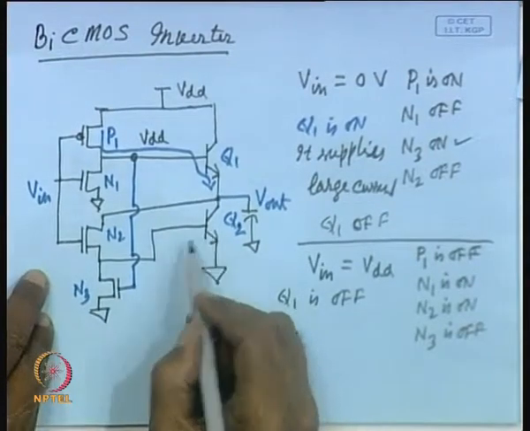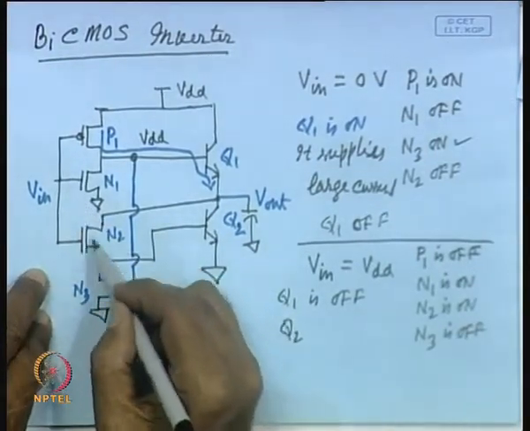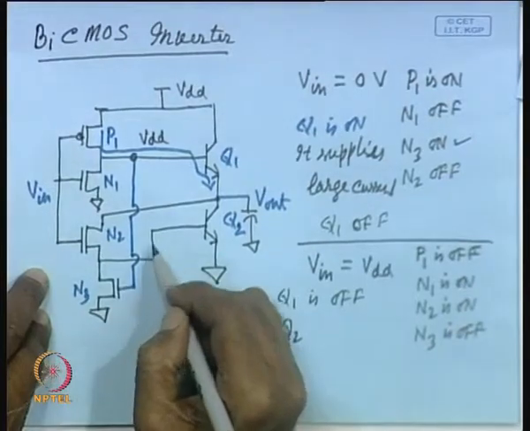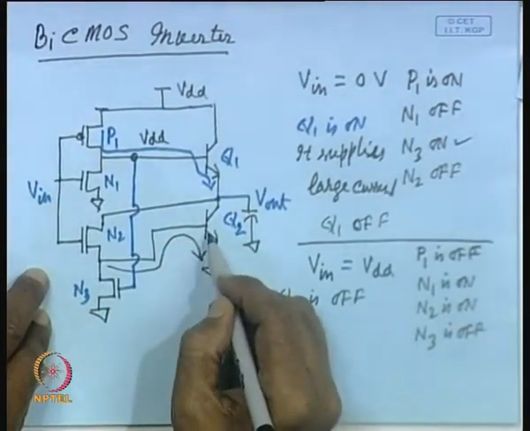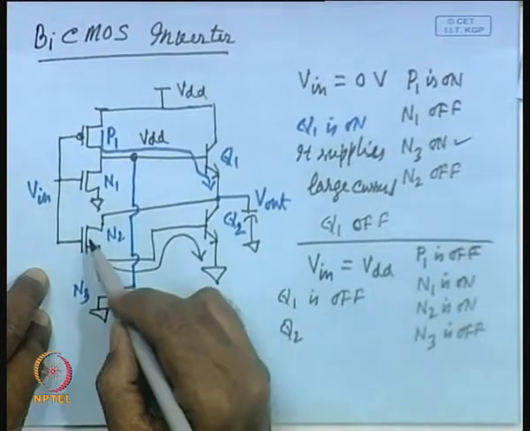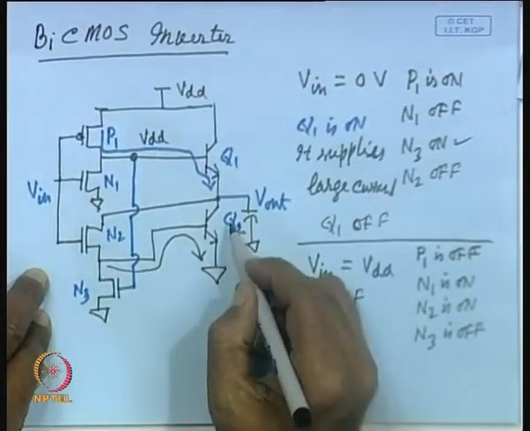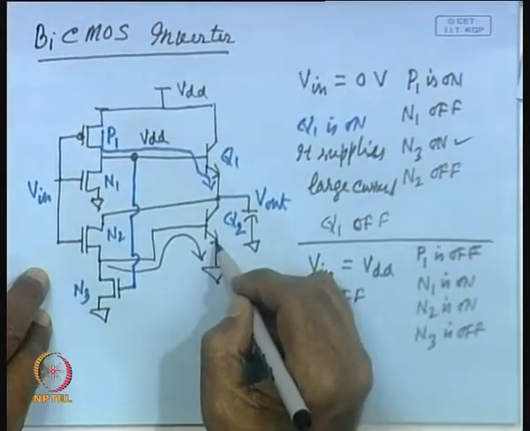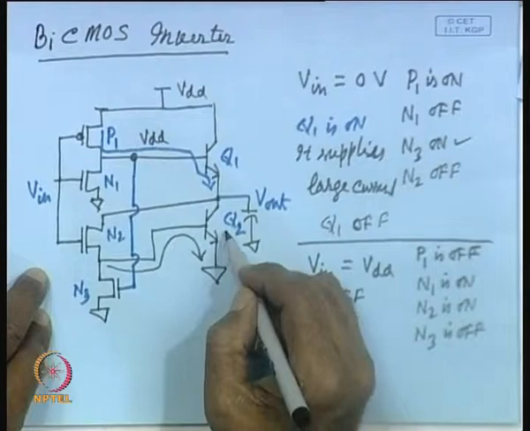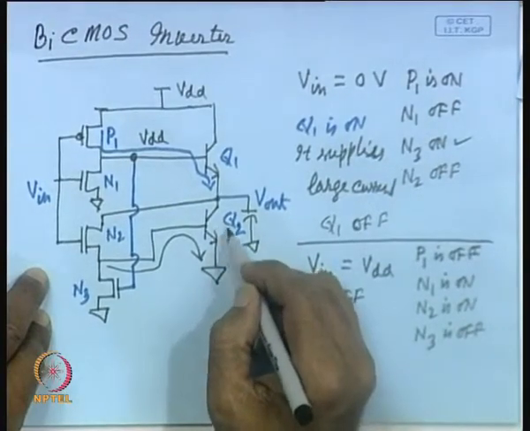What about Q2? As you can see, this transistor is on. The drain current of N2 will pass through the base of this transistor Q2. That means, the drain current of N2 will now supply the base current of Q2. As a result, the current drive for this Q2 will be large.